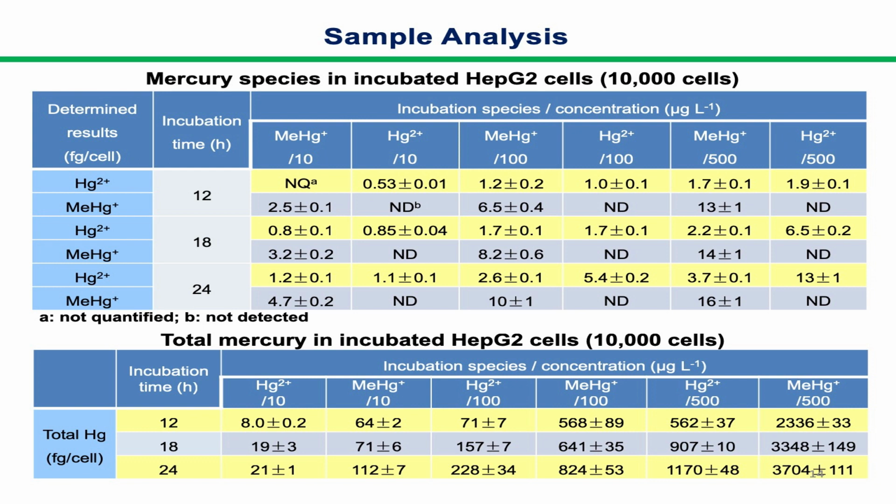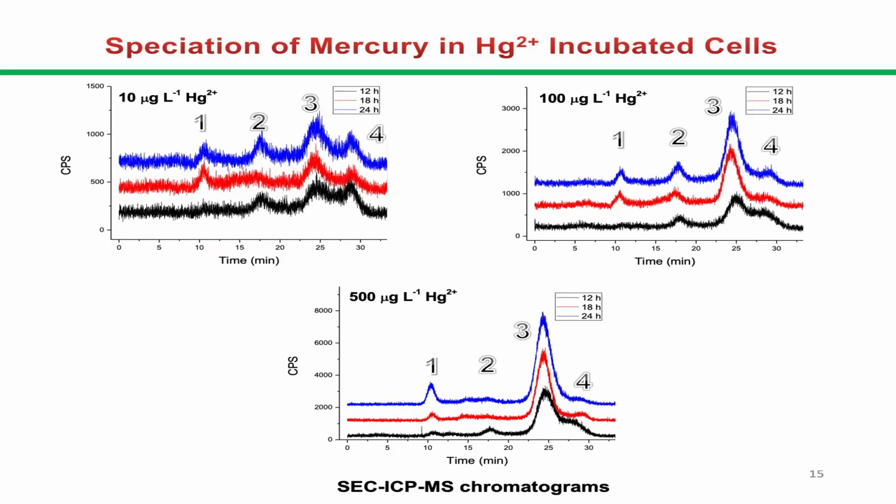We use the developed method for the speciation of methylmercury in HepG2 cells. And because we find that the inorganic mercury and methylmercury incubated HepG2 cells have different species, we use size exclusion chromatography combined with ICP-MS for the fractionation at different concentrations of inorganic mercury and methylmercury.